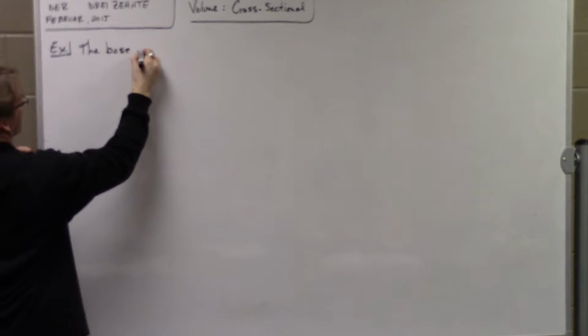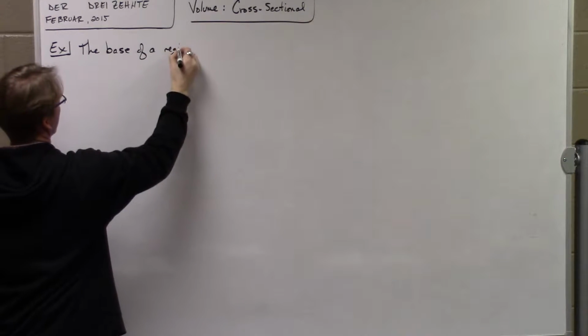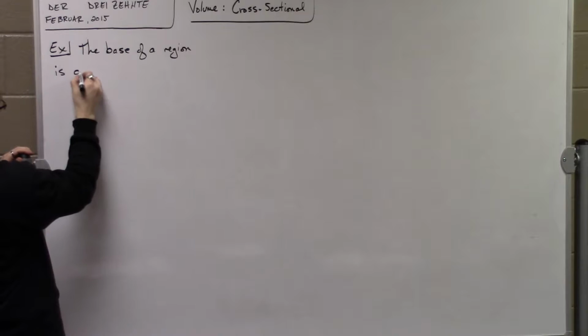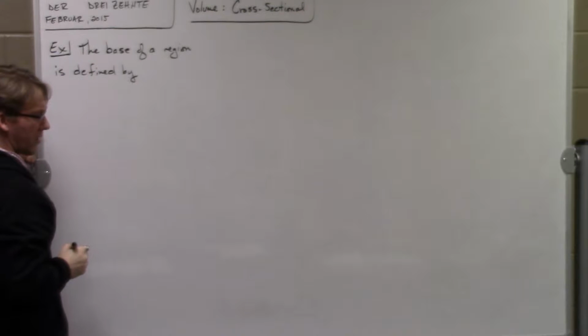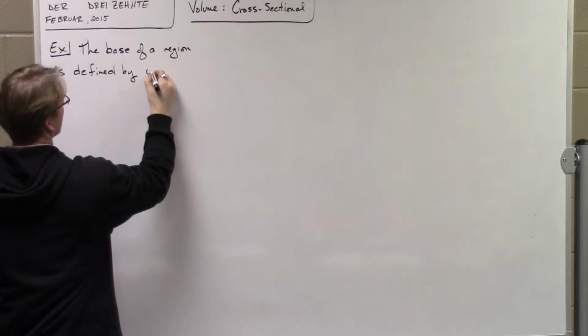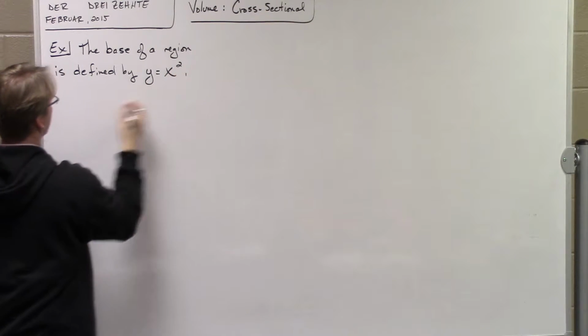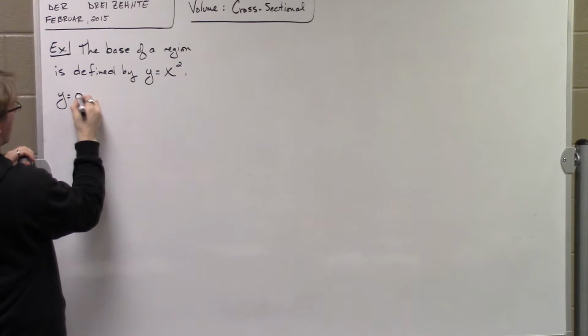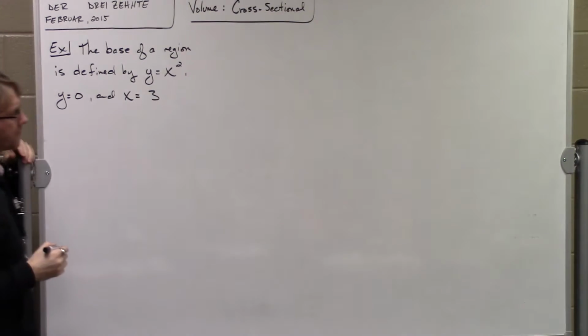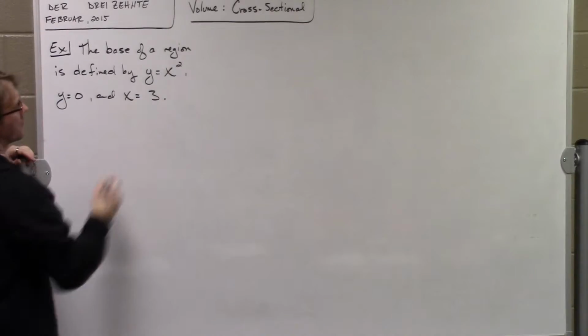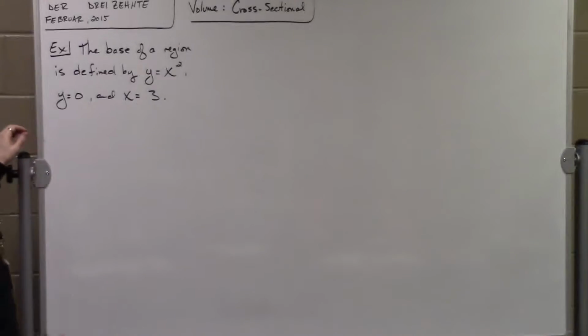The base of a region, they love that, is defined by, let's keep it relatively simple to start with, how about y equals x squared, y equals 0, and x equals 3. So the first thing they do is define what the base of our solid, our picture, whatever it's going to be, is. They give you the zone. Here's the map.